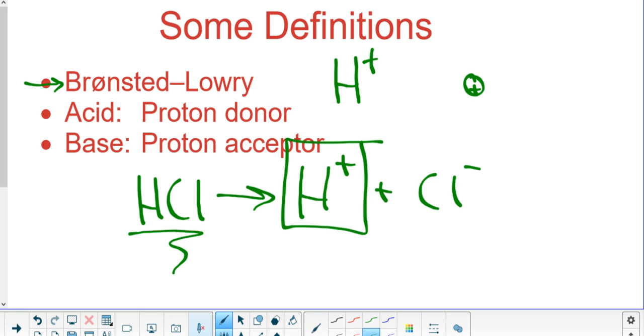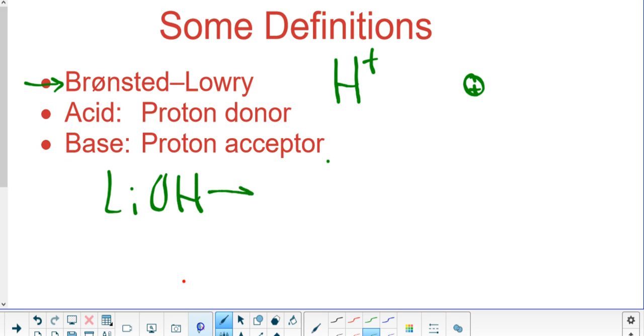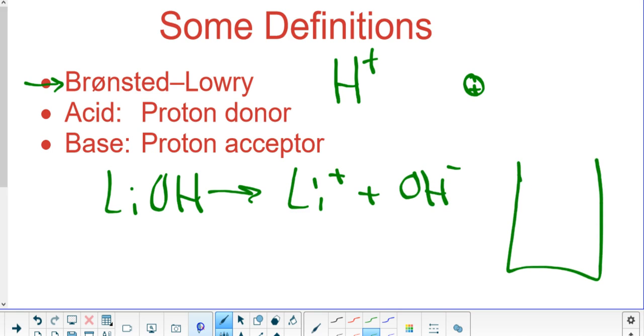And then a base is a proton acceptor. So if you have LiOH, when it dissociates or dissolves, you have Li+ plus OH-. If you have a solution and you have OH- in there, it will be looking for an H+ to stick to it, or it will accept a proton.